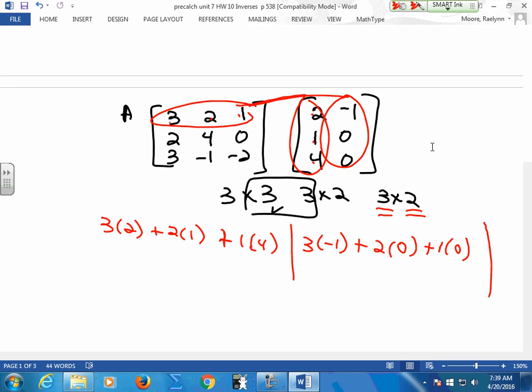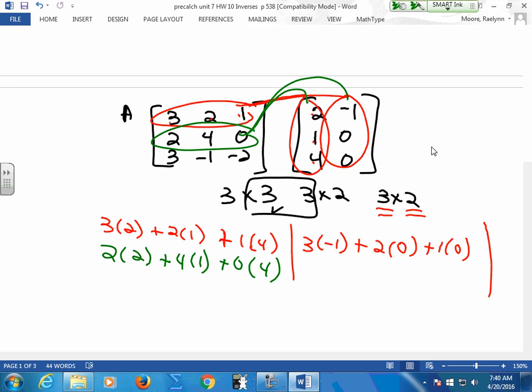Now, go to the next row. Am I going too fast? Everybody's good? Okay. Row, column, column. Do it like this because you're going to see if you do anything wrong. Plus 4 times 1, plus 0 times 4. Take a break, go to the next column: 2 times negative 1, plus 4 times 0, plus 0 times 0.